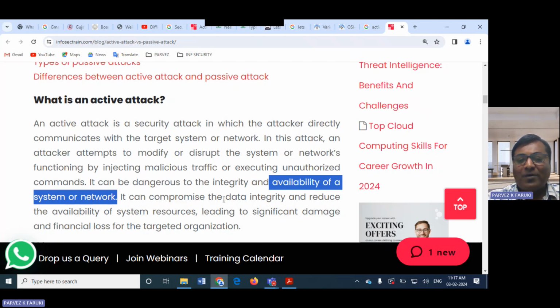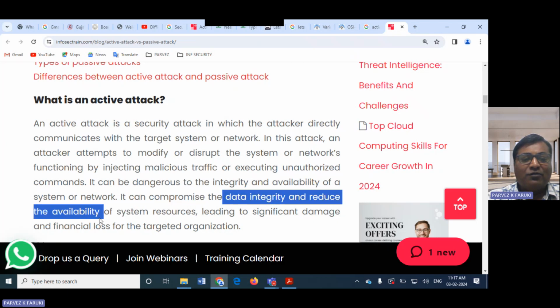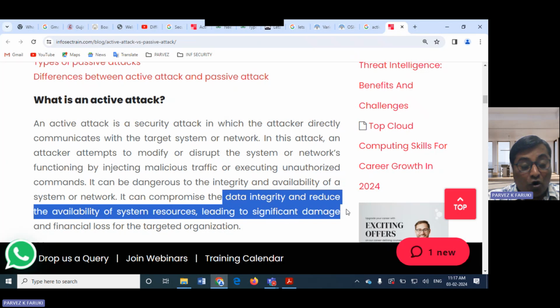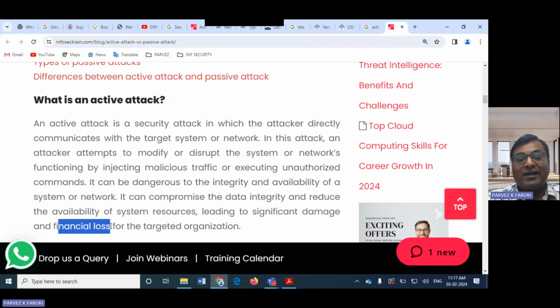So in a way, we are compromising the data integrity and we are reducing the availability of system resources, leading to significant damage, or a very important aspect, a financial loss for the target organization. And this could actually affect the safety, security, and privacy of the clients, one or more clients. For us, Alice is an example of those clients.